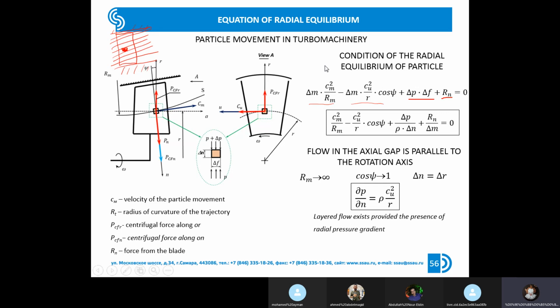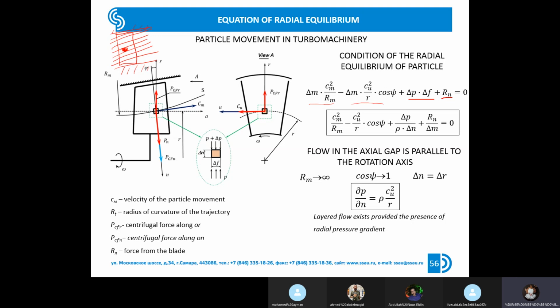But if we simplify this equation a little bit, we write it for cylindrical flow without changing the radius, for the axial gap, which means we have no blades here, and no influence of the blades on the flow.